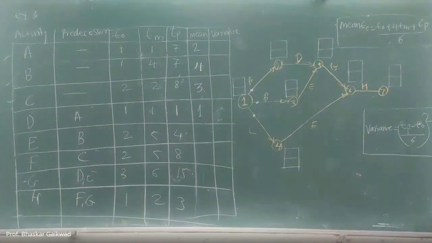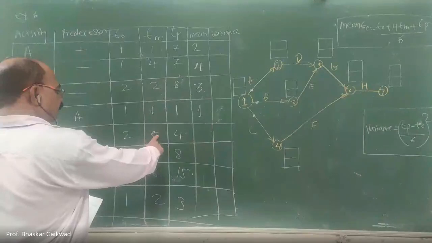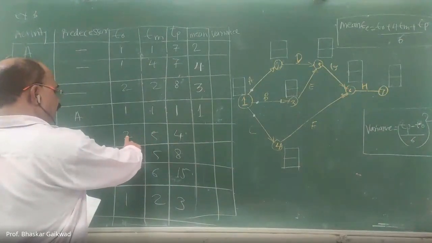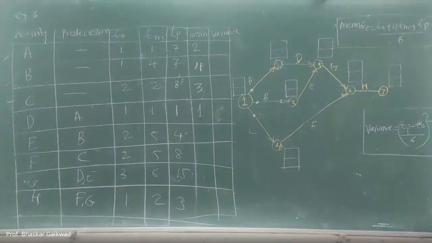Then E activity. E: 2 plus 5 into 4. 5 into 4, 20. 20 plus 2, 22. 22 plus 14.